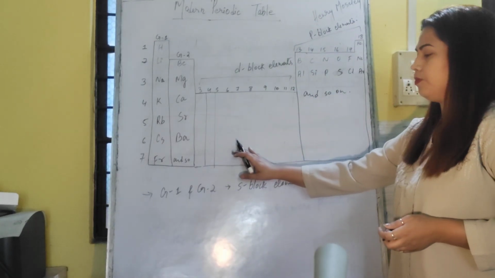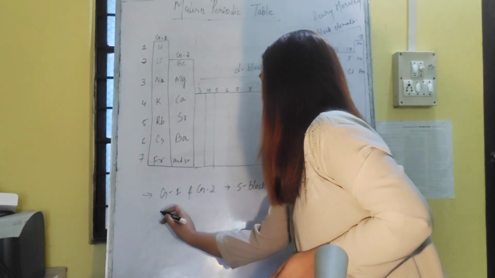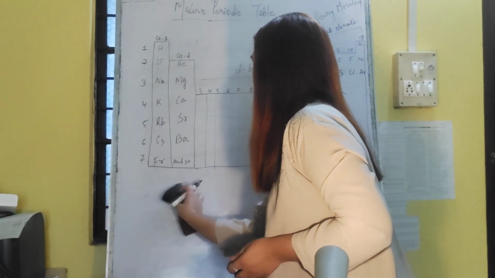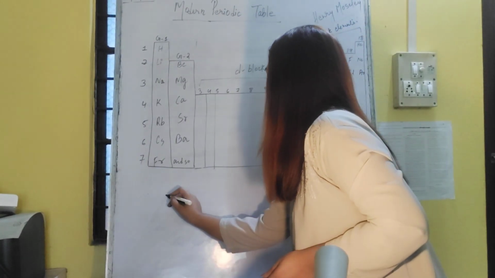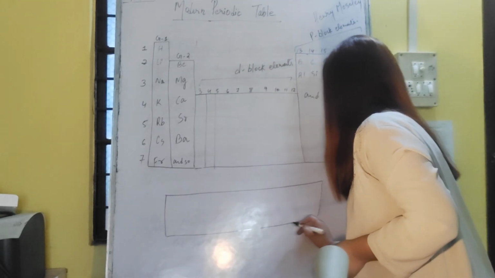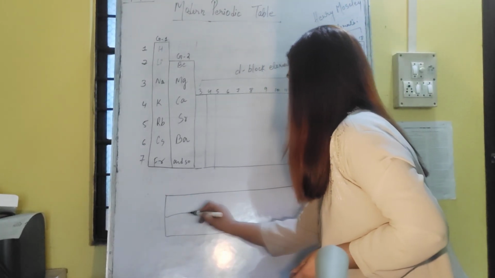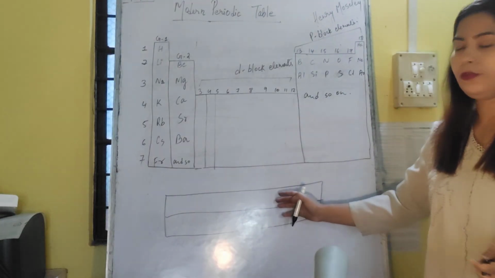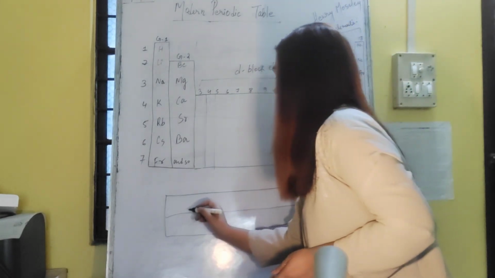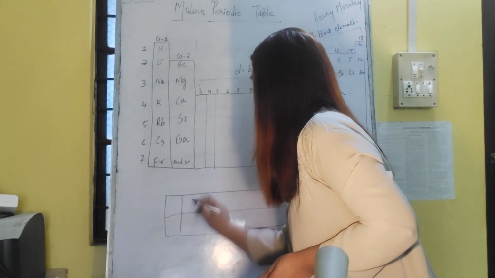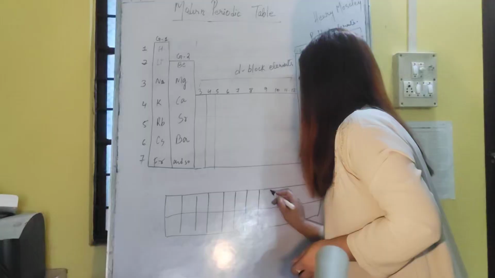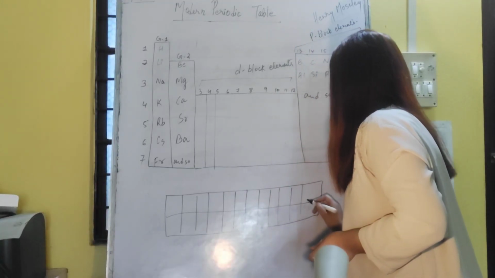Below this table, there is F block, which has 18 groups and 2 periods, and so on.